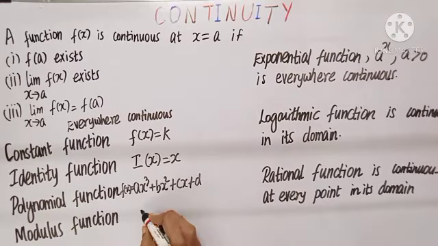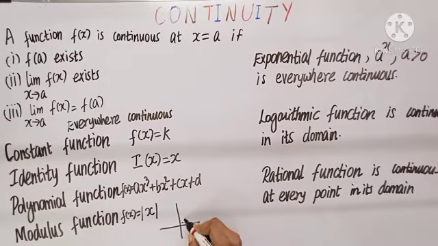Modulus function, say mod x. This is also continuous. Remember the idea? Mod function: 1, 1, 2, 2, 3, 3 and minus 1, 1, minus 2, 2. So the line goes like this. So this mod x function is also continuous.